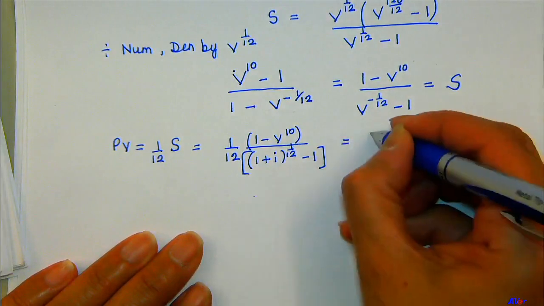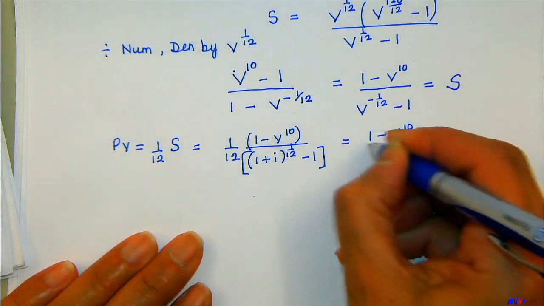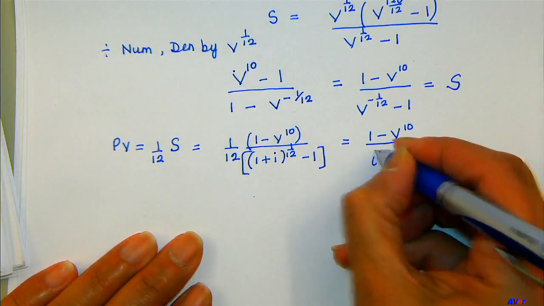So this is 1 minus V to the 10 over I-12.